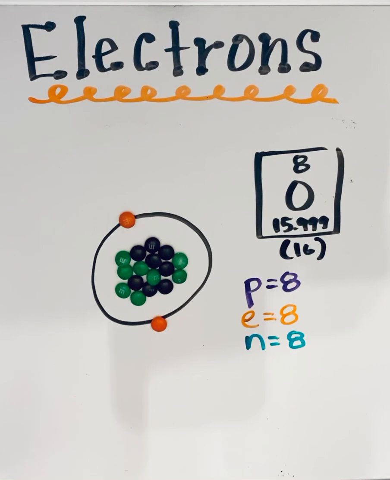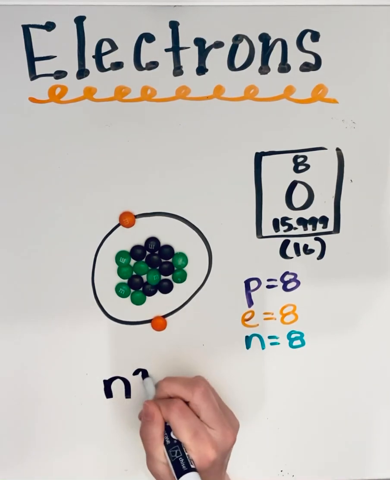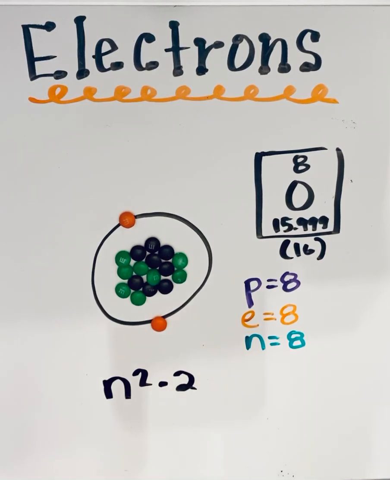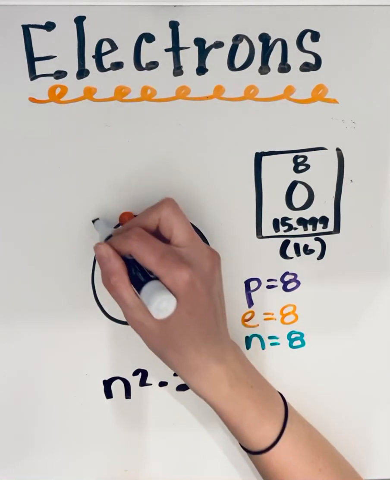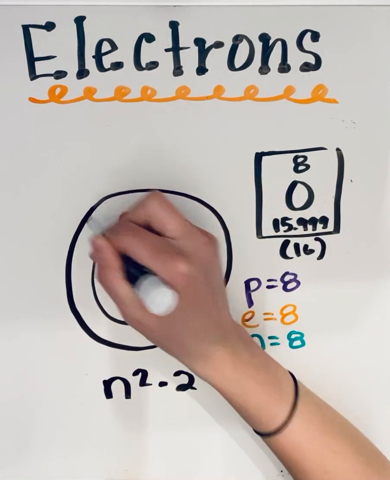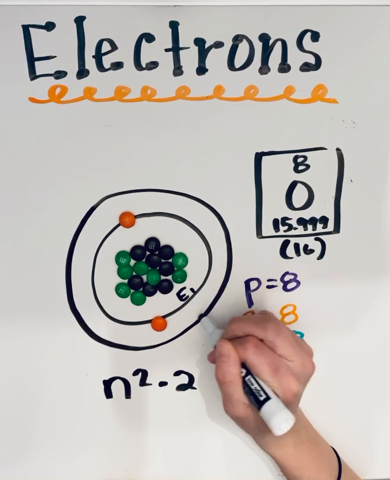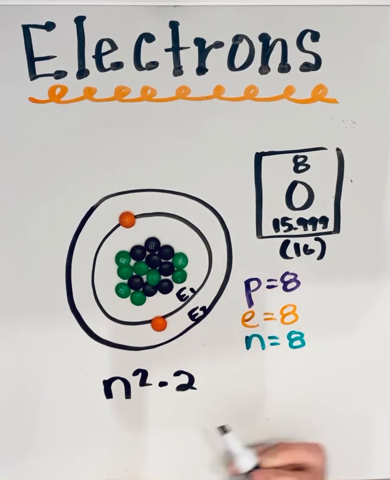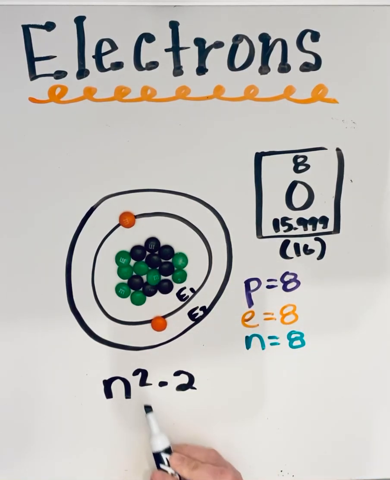So to figure out, again, without even looking at the chart, how many electrons I can fit onto that second level before it's completely full, I can apply this formula, n squared times 2. So n is energy level 2, right? So this is E1, first floor. This is E2, second floor. 2 times 2 is 4.